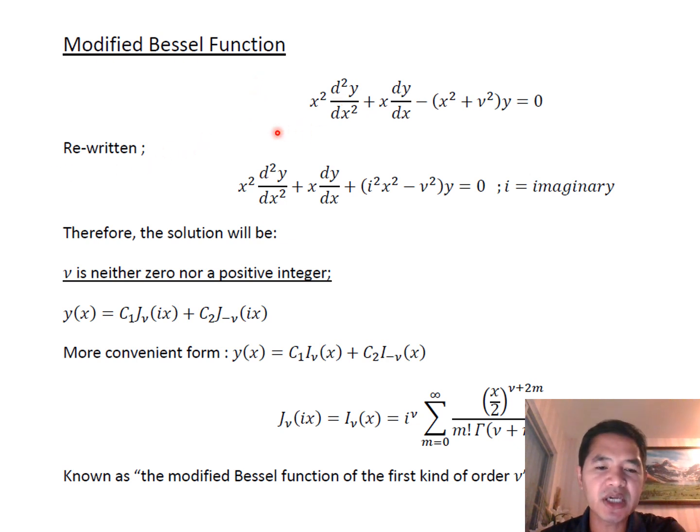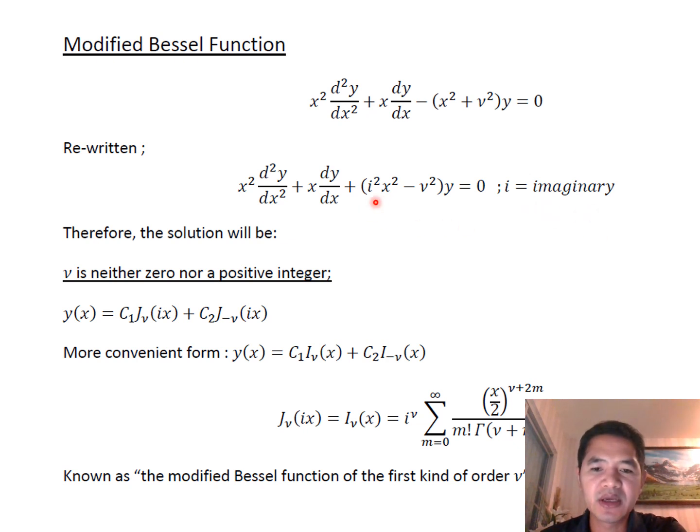For this one we can rewrite it into this form: x squared times d squared y over dx squared plus x dy over dx, the same, but with the minus sign changed to a plus sign, in this parenthesis, i squared, where i is the imaginary number.